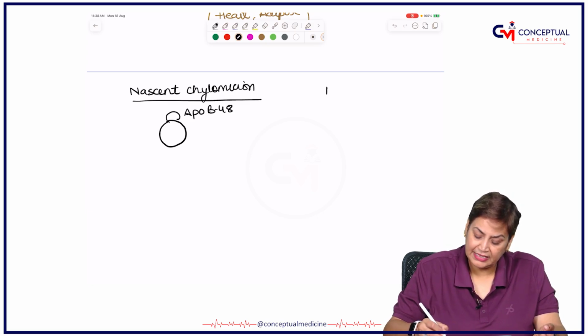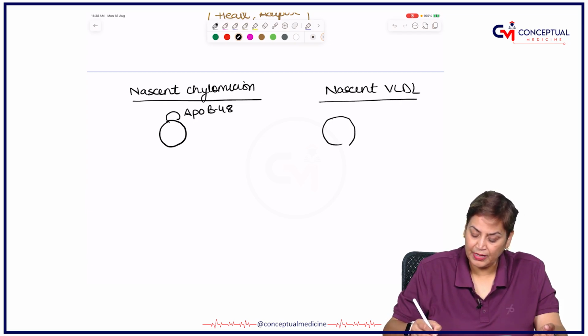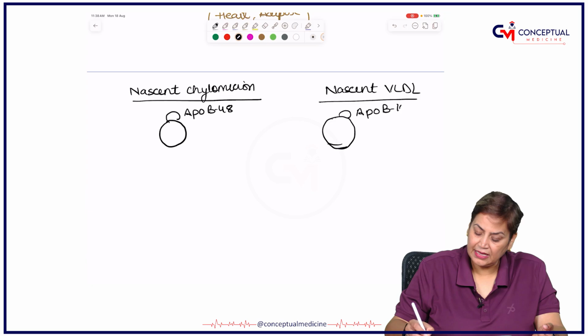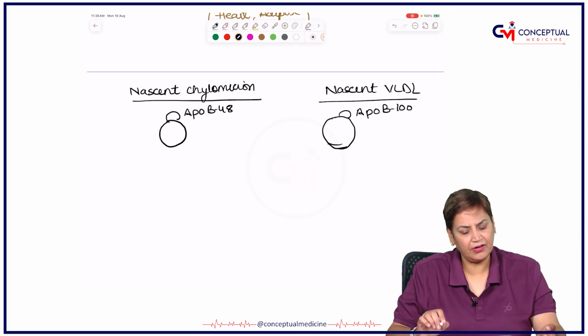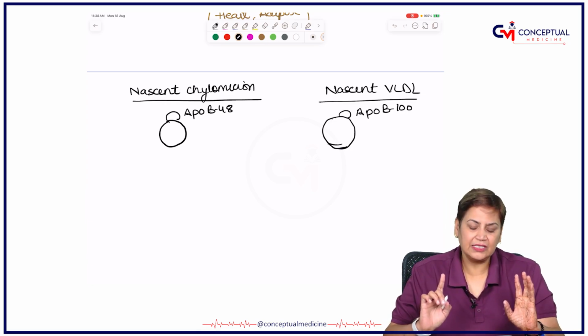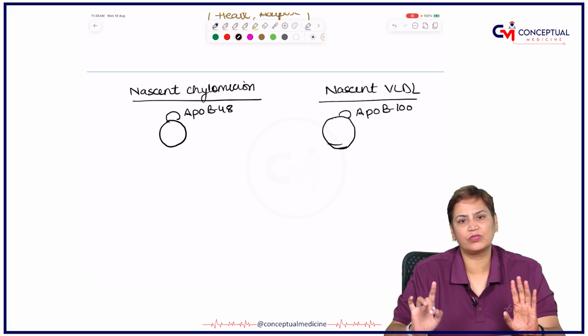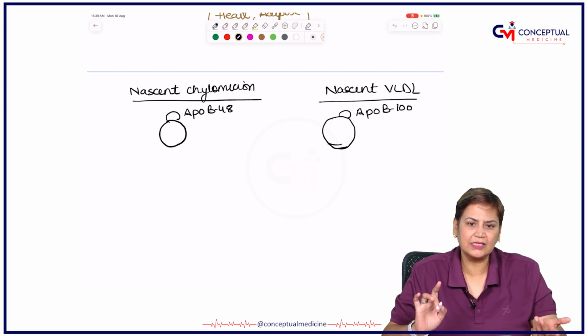And nascent VLDL has Apo B-100. Okay, and Apo B-48 and Apo B-100 are the only two apoproteins in the body which are synthesized by a process of RNA editing or processing, which we are going to discuss in the molecular biology videos, where we will study what this RNA editing or processing is, right?